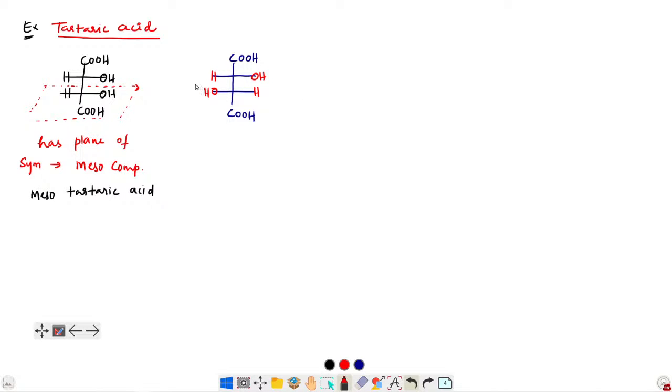And if you see it, the plane of symmetry is absent because this half and that half are not mirror images. And if you take another example like COOH is there.